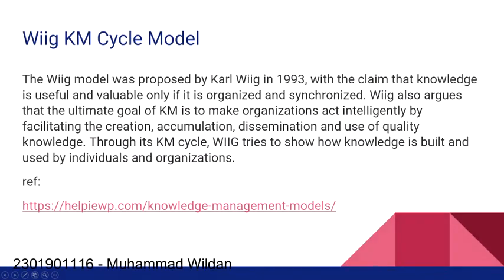Next is an explanation of what the Wiig KM cycle is. The Wiig model was proposed by Carl Wiig in 1993 with the claim that knowledge is useful and valuable only if it is organized and synchronized.